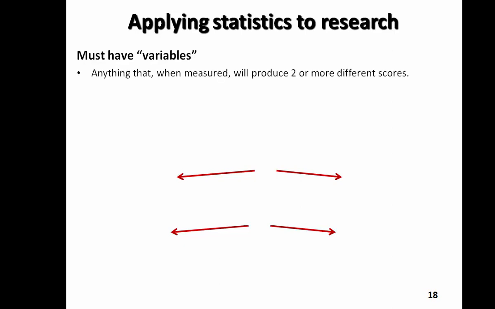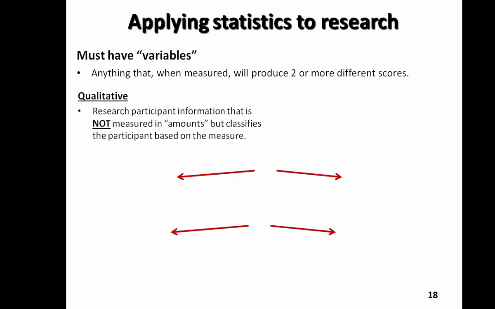One final element generally to the research process is applying statistics to research. And to do that, studies must have variables. And a variable, as defined earlier, can be defined as an element that, when measured, will produce two or more different scores. And as outlined earlier, we have qualitative variables in which research participant information is not measured numerically, but does carry different levels of classifications based on that measure.